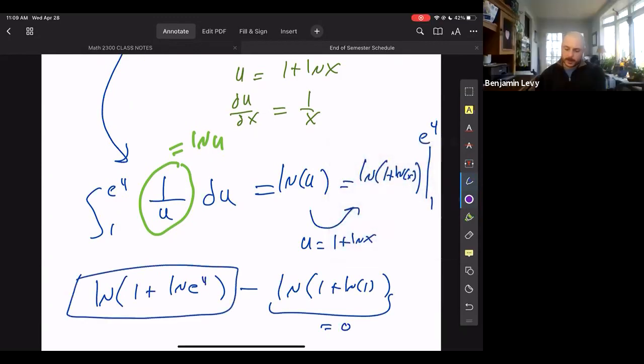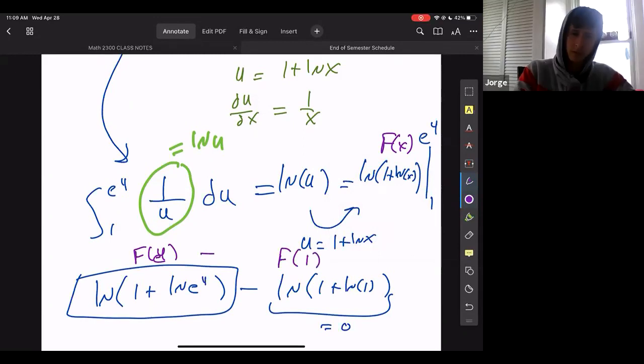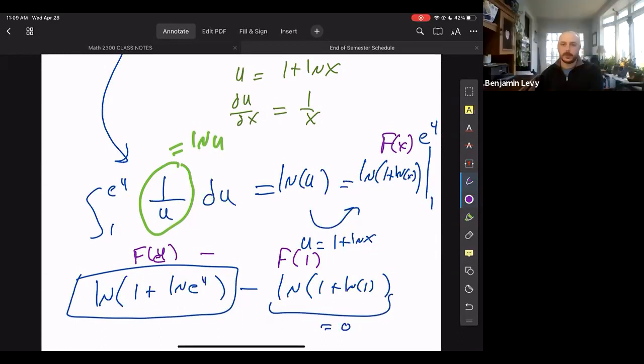And just to clarify this, if this thing is capital F of x over here, then this is F of e to the 4 minus F of 1. All right, that makes sense. Yeah, thank you. Sure. Other questions about this one specifically from anyone?